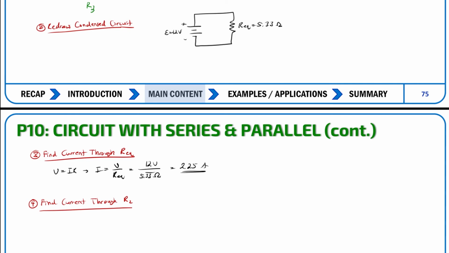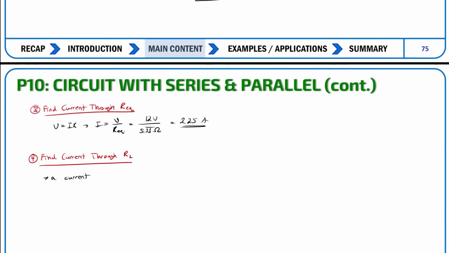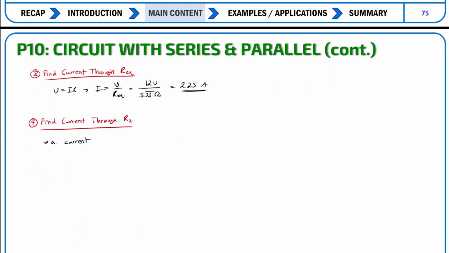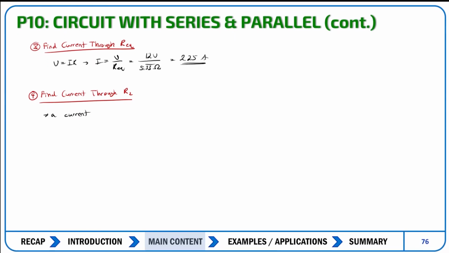So a current in series, I'm just going to write this down. A current in series, so that would be R1, R24, and R3, has the same magnitude.